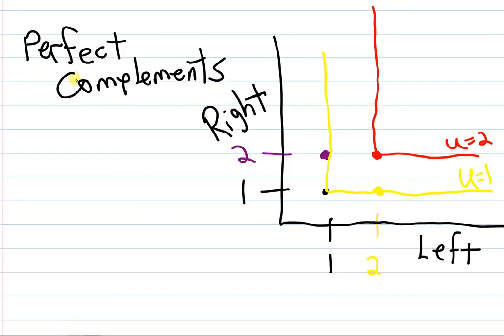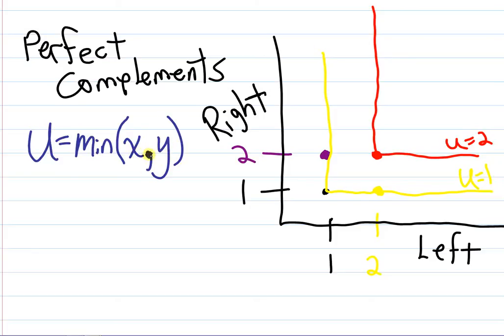Normally, mathematically, the way we will write a utility function for perfect complements is something like this: utility equals the minimum of x and y. In this case, how happy are you when you have 2 left gloves and 1 right glove?